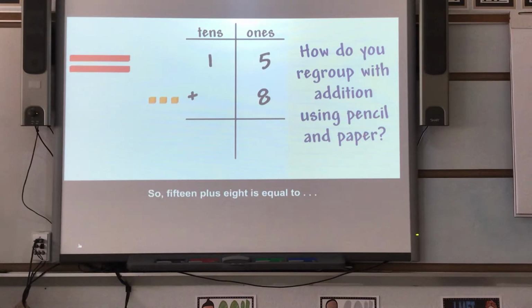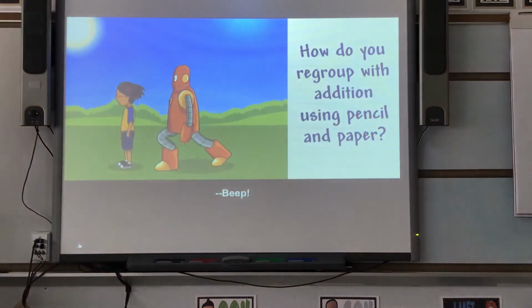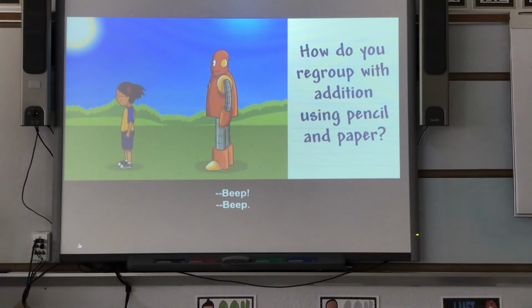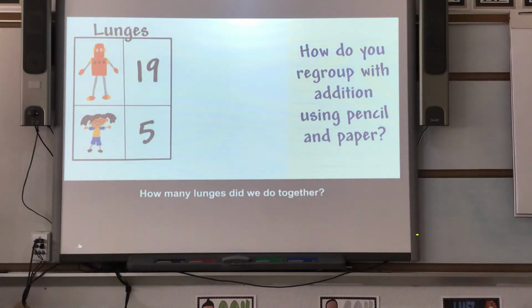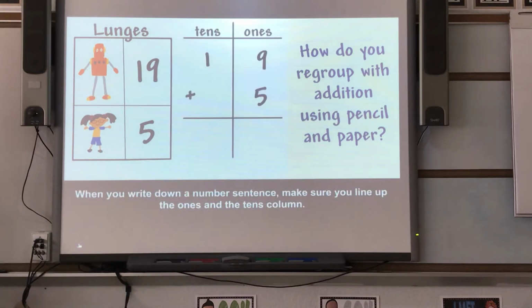So 15 plus 8 is equal to 23. Let's see. How many lunges did we do together? When you write down a number sentence, make sure you line up the ones and the tens column.